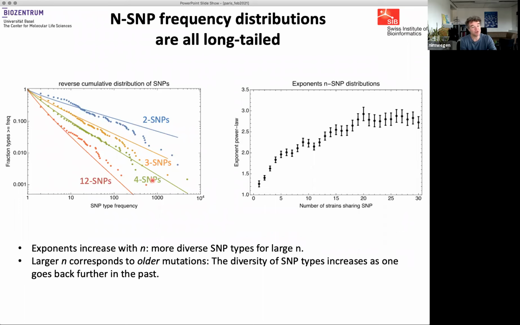And so what I'm showing you here is actually that all these distributions of the occurrence of different triplets or different quartets or different dozens of SNPs are all long-tail distributions. And there is some systematic way in which the exponents of these roughly power law distributions change as you increase the number of guys in the subset.